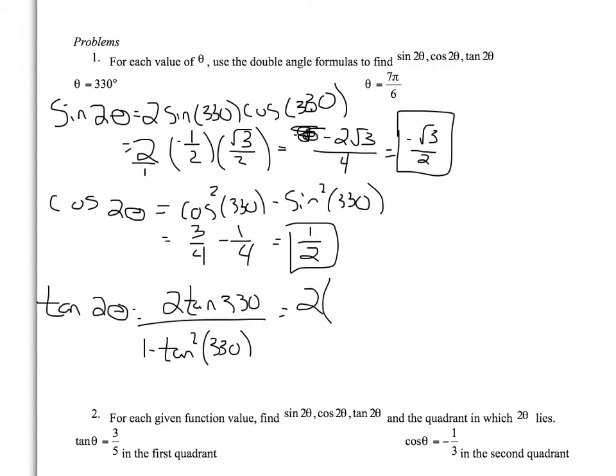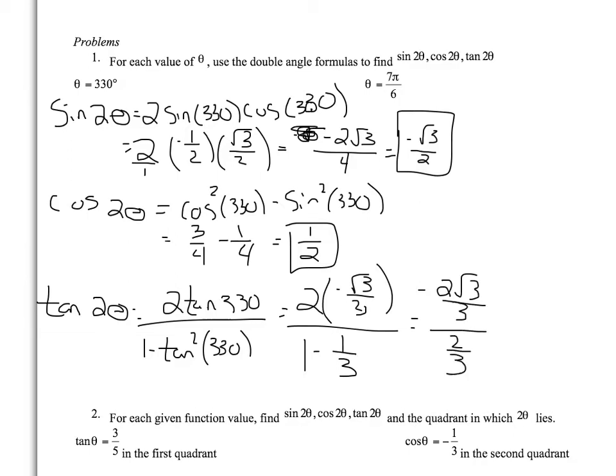Tan 330 in my calculator is negative radical 3 over 3. 1 minus tan 330 squared is 1 minus a third. 2 times negative radical 3 over 3 is negative 2 radical 3 over 3, and over 2/3. This reduces to just a negative radical 3.